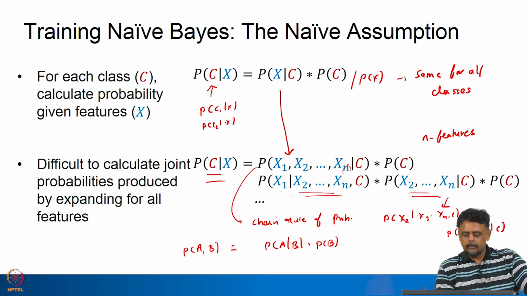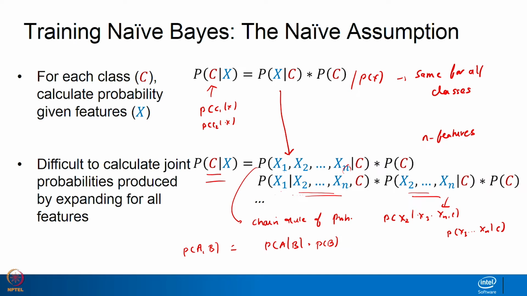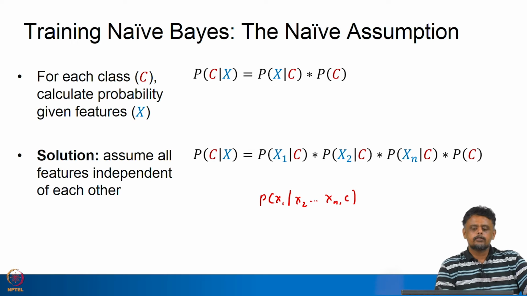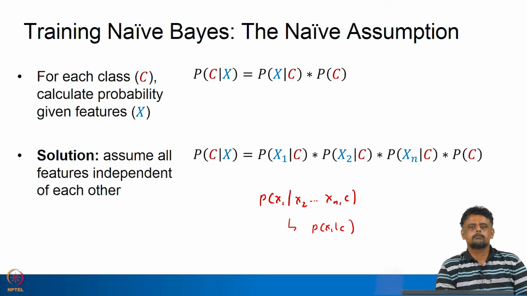So, if we look at this term here, p of x1 given x2 to xn and c, since we assume that all features are independent of each other, this is the same as p of x1 given c. Okay. Because it does not depend on x2 to xn.